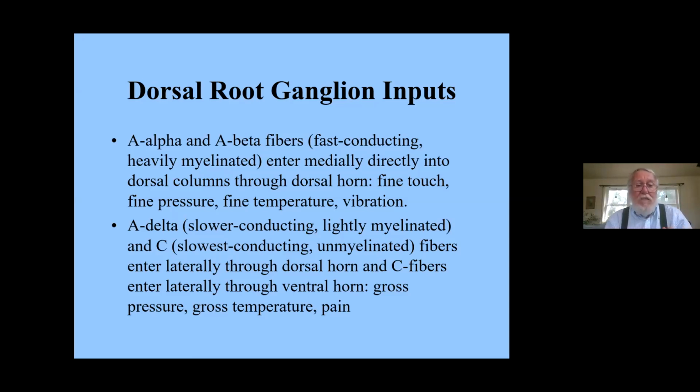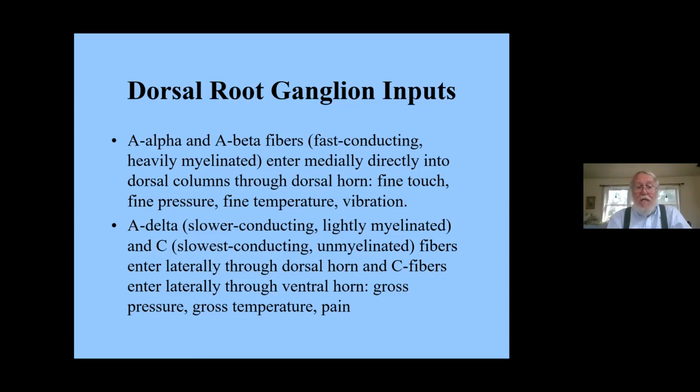The A delta is lightly myelinated. The C fibers are unmyelinated. So therefore, the A delta fibers are slower conducting, and the C fibers are slowest conducting. They enter laterally to the dorsal horn, and what they do is they synapse somewhere between lamina 1 and lamina 5 of the dorsal horn.